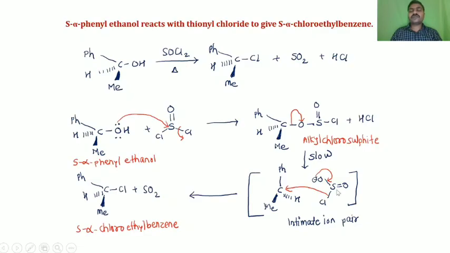Then this undergoes liberation of sulfur dioxide, and the chlorine atom attacks from the same side on this carbocation and forms S-alpha chloroethyl benzene. Due to the intimate ion pair, this chlorine atom attacks from the same side. Therefore, retention in configuration is observed in the product.